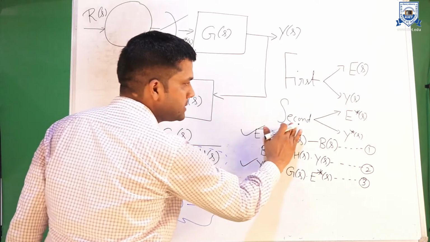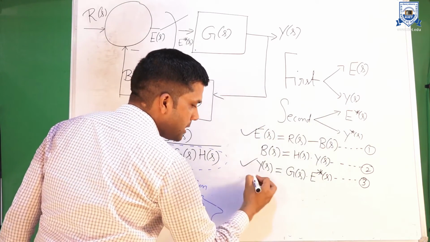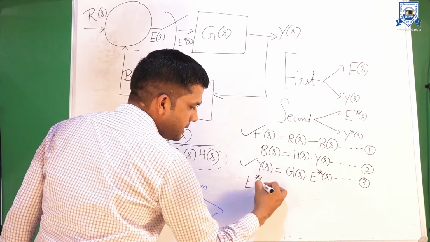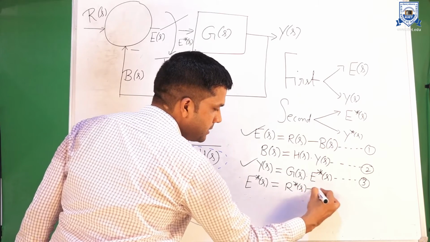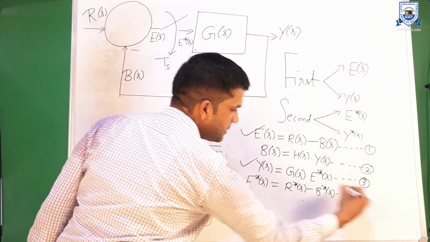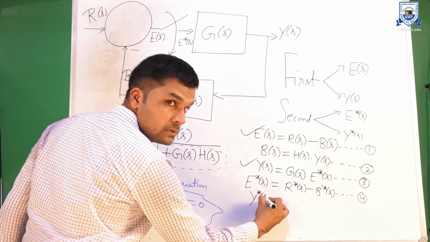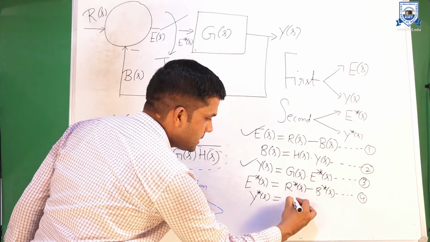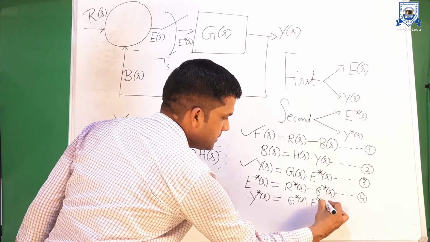Now the second step is the sampled value of these two equations. E star(s) is equal to R star(s) minus B star(s), and Y star(s) is equal to G star(s) into E star(s).